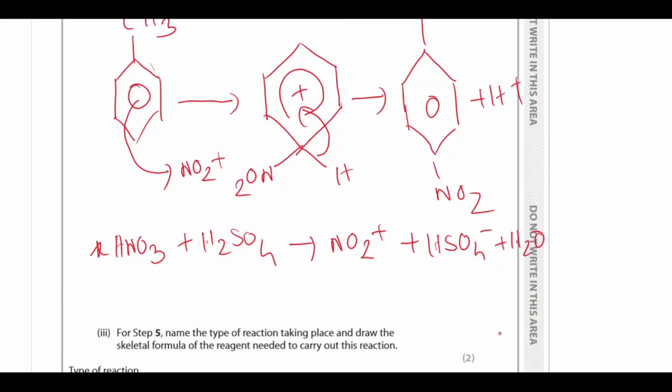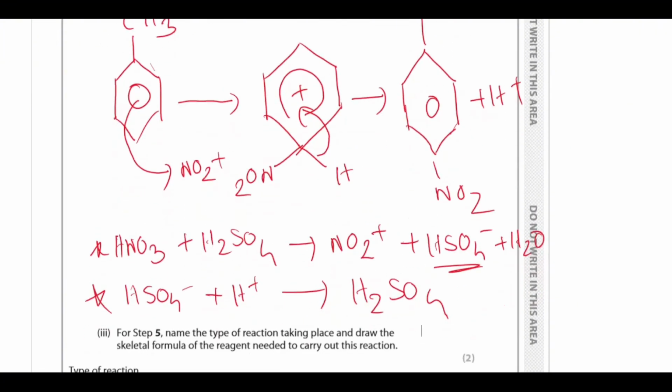Now, of course, we'll be requiring the regeneration of the H2SO4. The H plus, which has been produced as a byproduct as it got broken down from the original reactant, reacts in a secondary reaction, resulting in the production of H2SO4 again. So that's how you show the whole reaction and the mechanism.